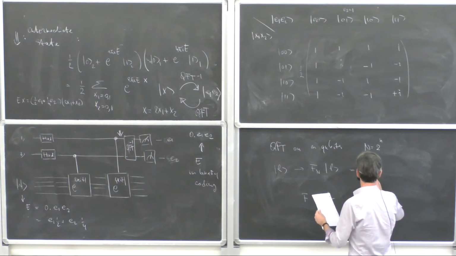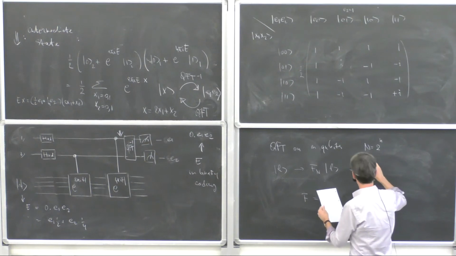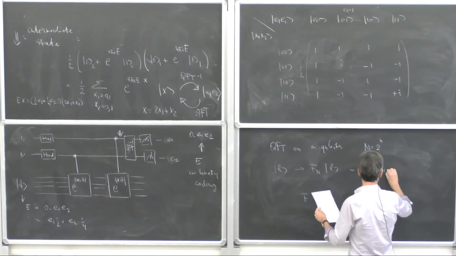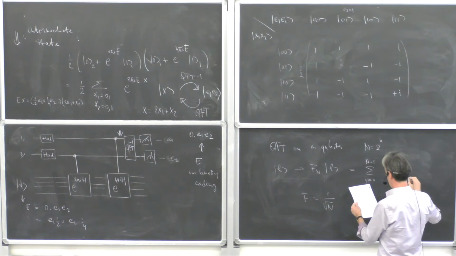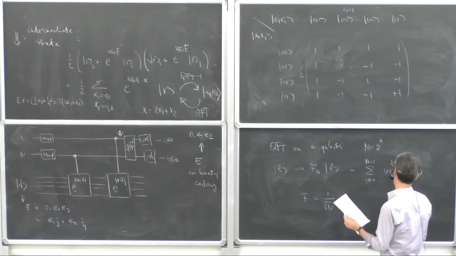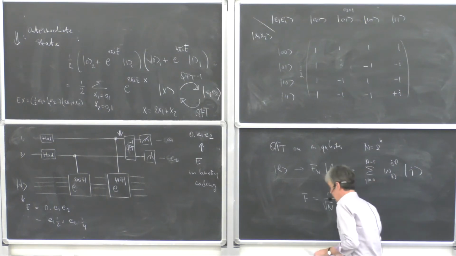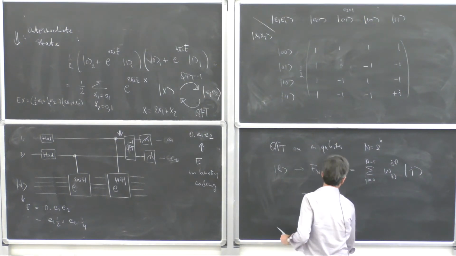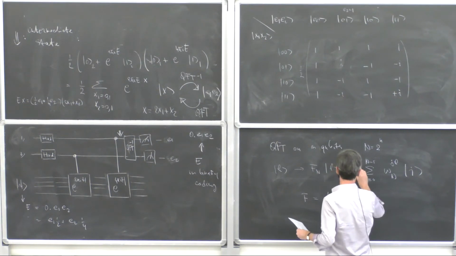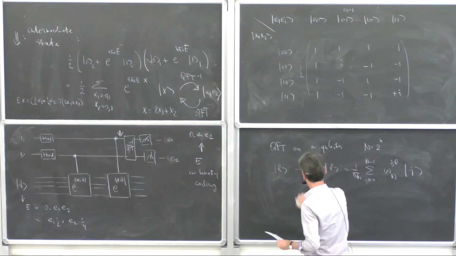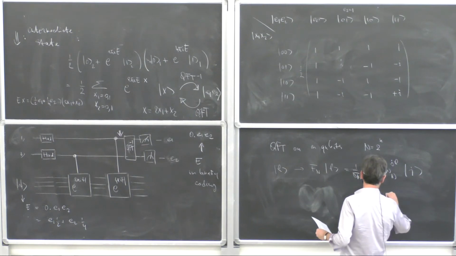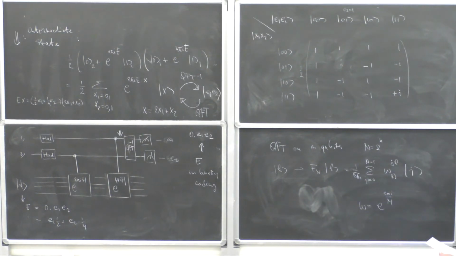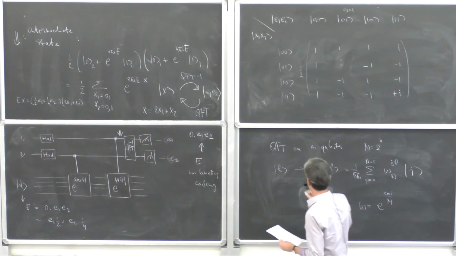So let's say j equal to 0 to N minus 1 of omega N to the jk times k times j, sorry, like this, where this is 1 over root N, where the omega that I need is obviously omega equals e to the 2 pi i over N. Yeah, that will be it. So this is the QFT in general terms.